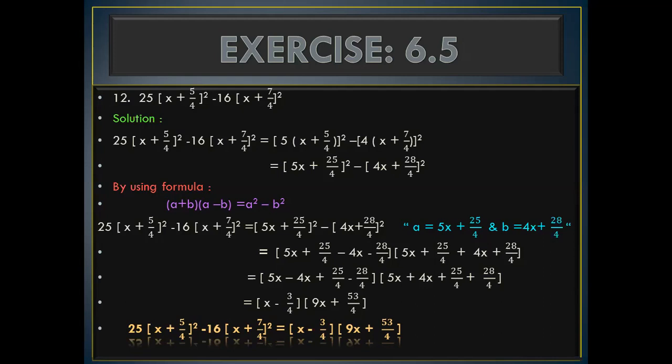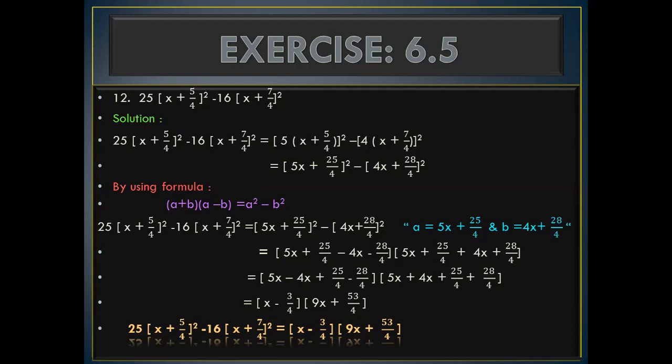Because the denominator is same, we directly simplify the numerator. 25 minus 28 is minus 3. x minus 3 by 4. This is the solution of the first bracket.